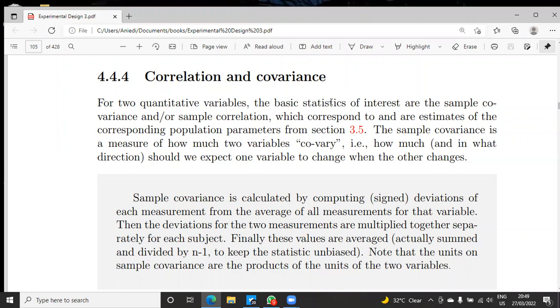So when you are seeing an analysis and you notice that correlation and covariance are both high or both low, there's something wrong with that analysis.